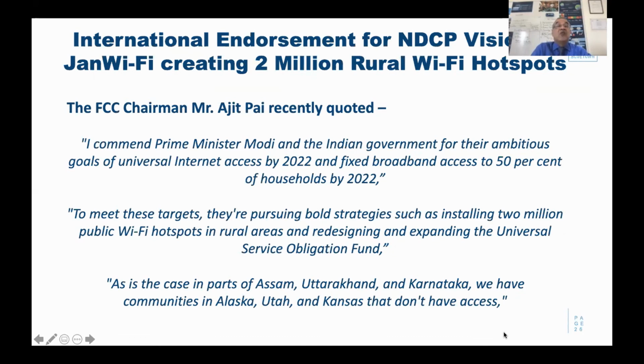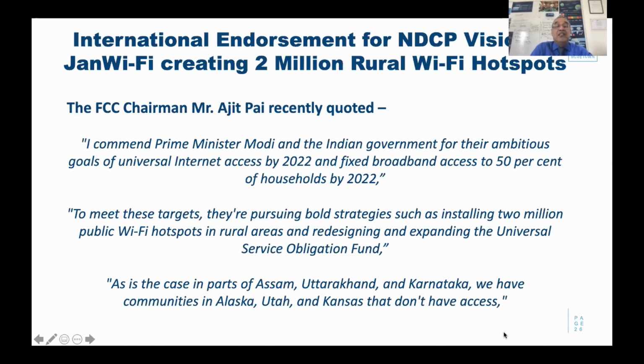And we also got international appreciation, where the FCC chairman, Mr. Ajit Pai, recently quoted, "I commend Prime Minister Modi and the Indian government for their ambitious goals of universal internet access by 2022 and fixed broadband access to 50% of households in 2022.